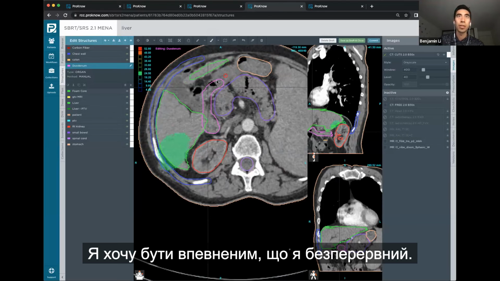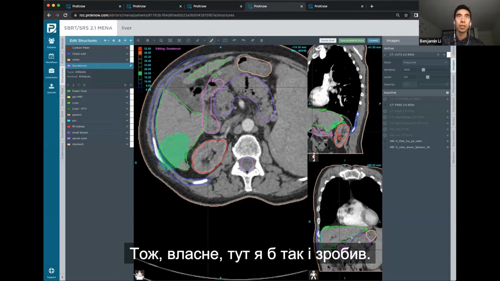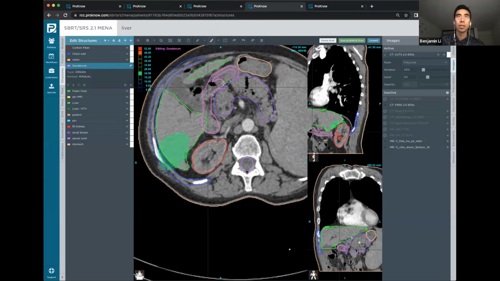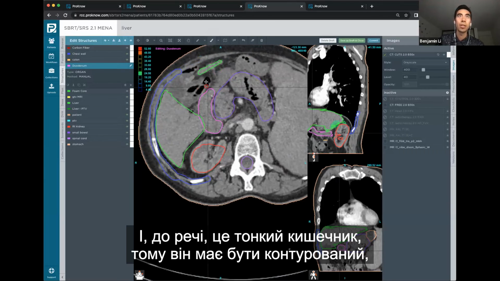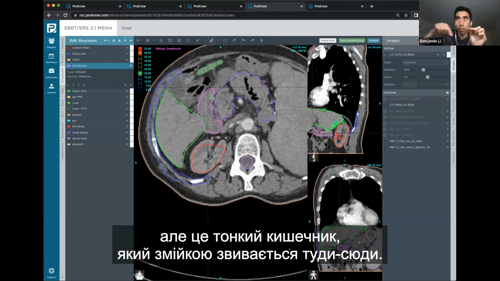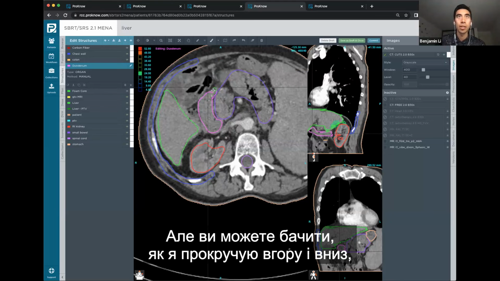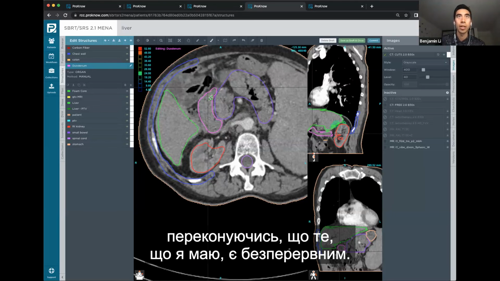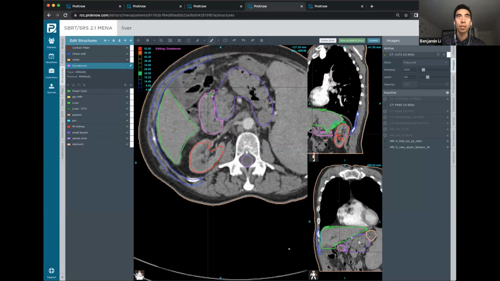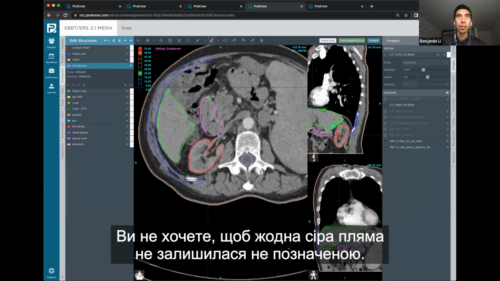I want to make sure I'm continuous. And by the way, this is small bowel, so this should be contoured, but the small bowel snakes back and forth, so it's not part of the duodenum segment. But you can see as I'm scrolling up and down, I'm making sure that what I have is continuous. You don't want any specks of gray left unlabeled.